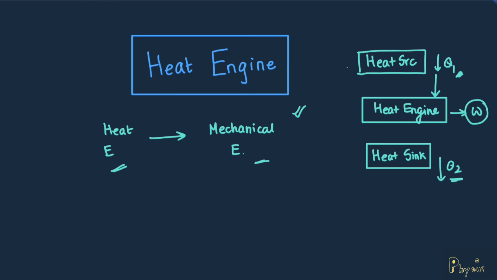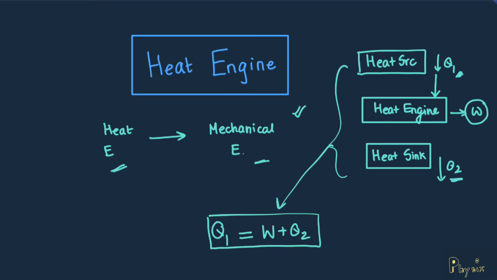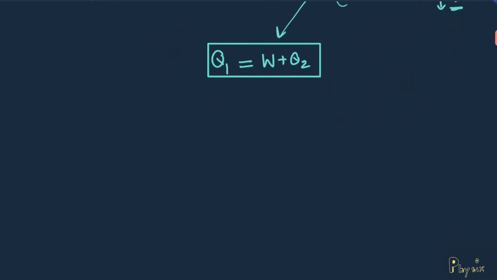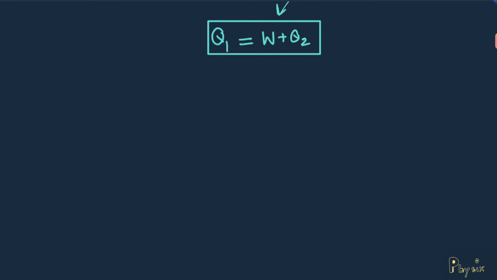So, if you draw the diagram over here, you could see that if you supply Q1 heat, it distributes itself in such a way that Q1 is equal to W plus Q2, and thus following the law of conservation of energy.